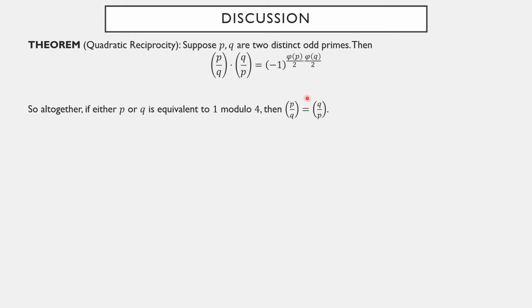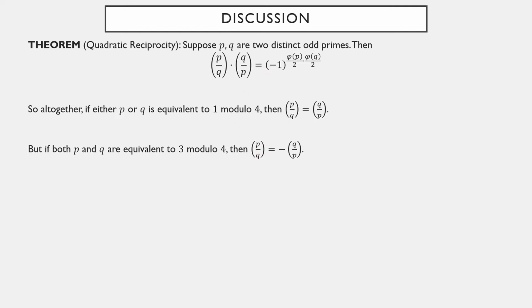So if either of the primes I started with is equivalent to 1 modulo 4, the two Legendre symbols are equal. On the other hand, if they are both equivalent to 3 mod 4, then both of these numbers are odd, then their product is odd, -1 to an odd power is -1, the product of two Legendre symbols is -1, means they are opposites of one another.